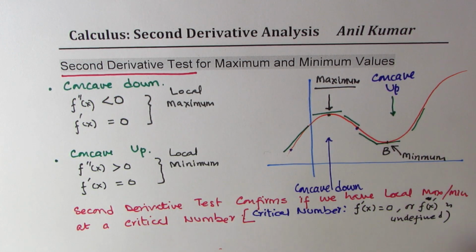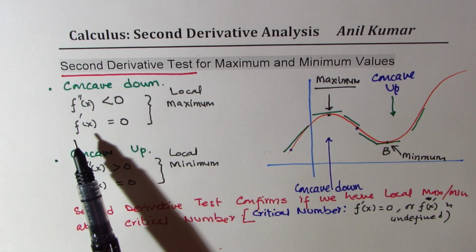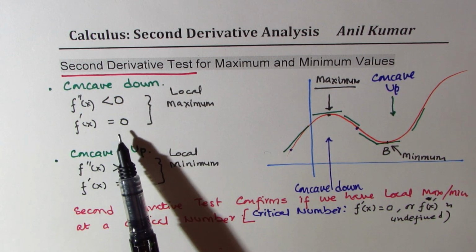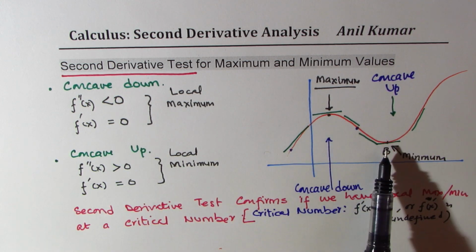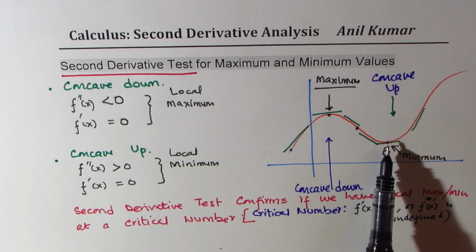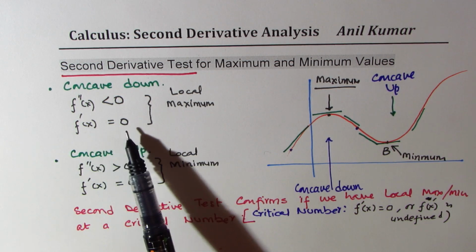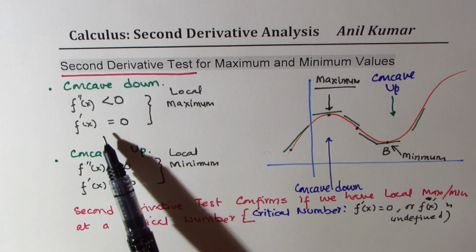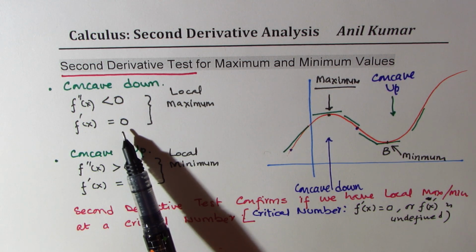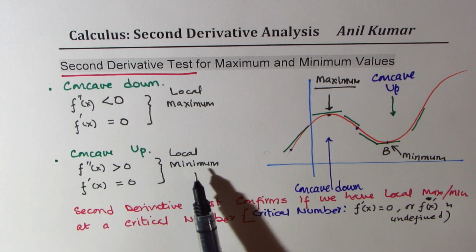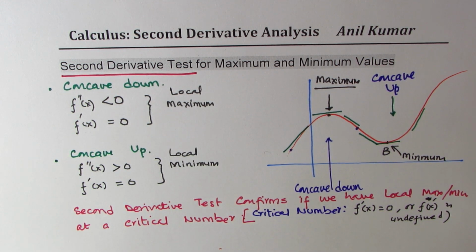In this particular case, we concluded that the first derivative is 0, so it's a critical number with a horizontal tangent line. We also saw that the second derivative is equal to 0. Now when that happens, you get a local maximum or a local minimum. Is that clear to you?